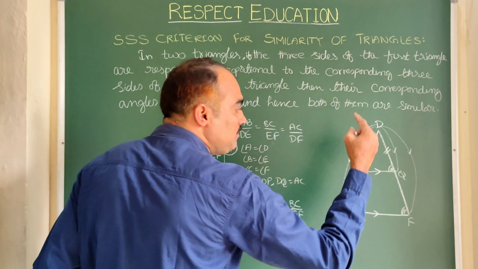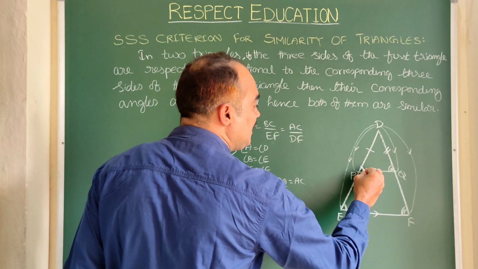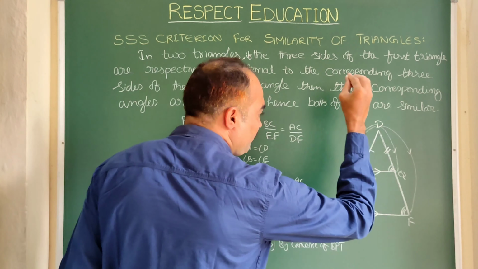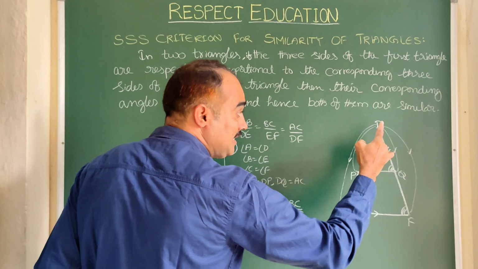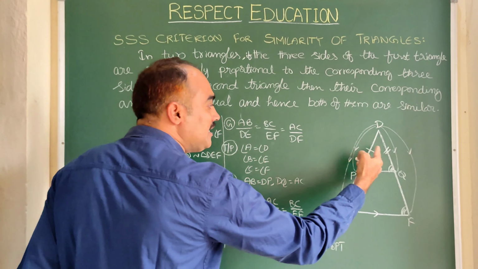When two triangles are similar, the corresponding sides are proportional.